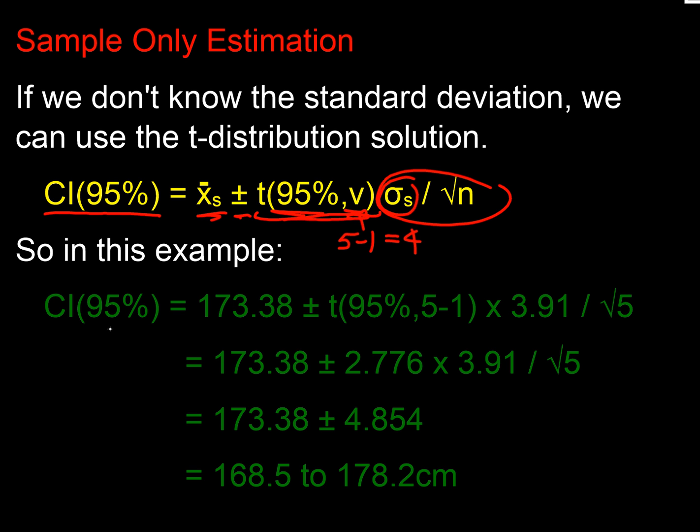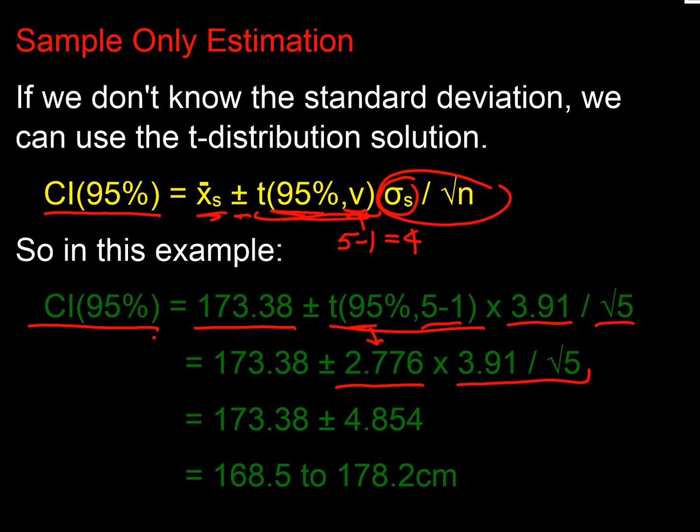So if we want to know what our population mean is, with a confidence interval of 95%, we've got our sample mean 173.38, and we've got to find our t value, which in this case is 2.776 for a 95% confidence and 4 degrees of freedom, that's 5 minus 1. We found earlier that our sample standard deviation was 3.9, and we divide that by the square root of 5.